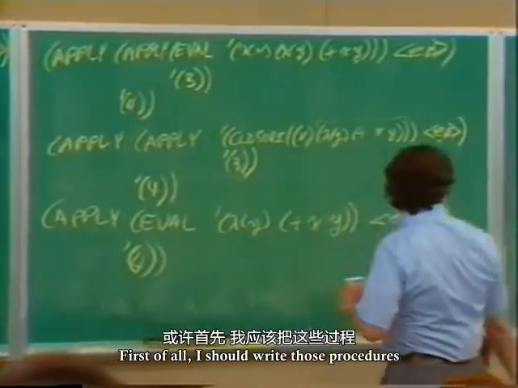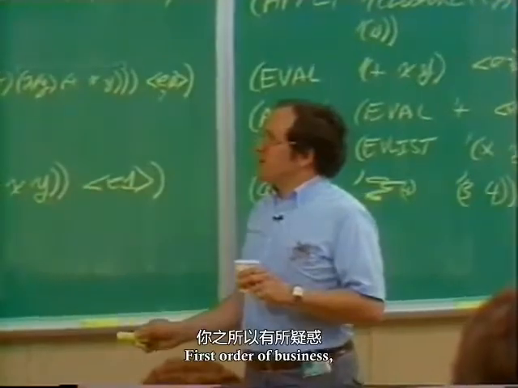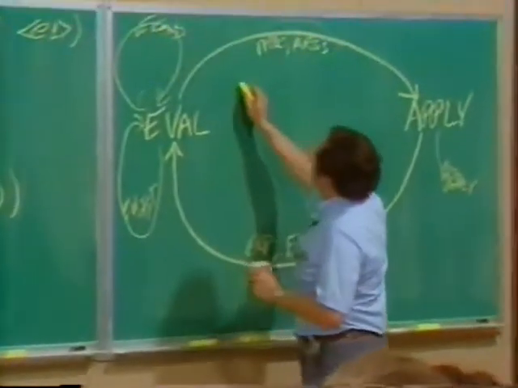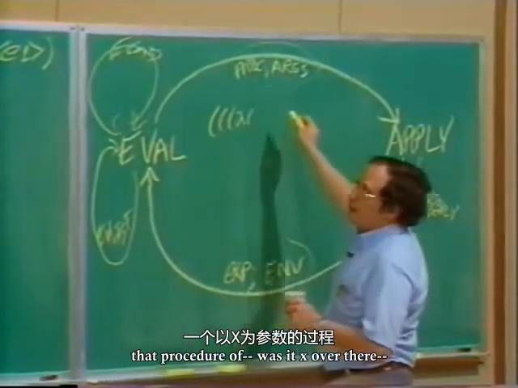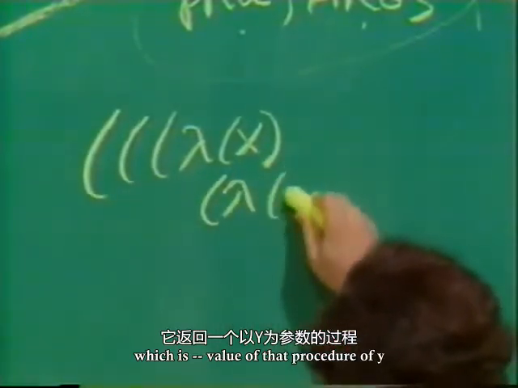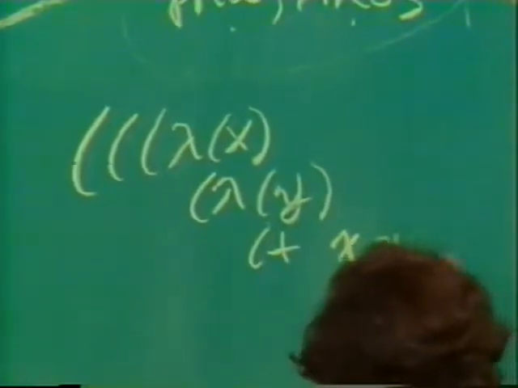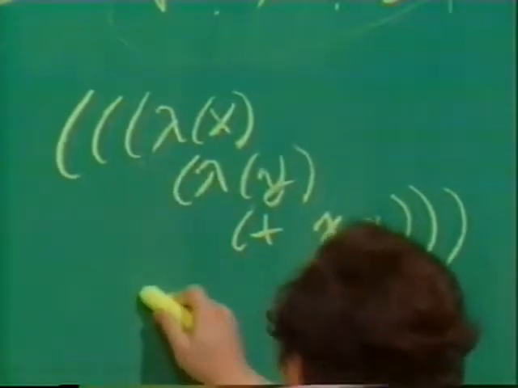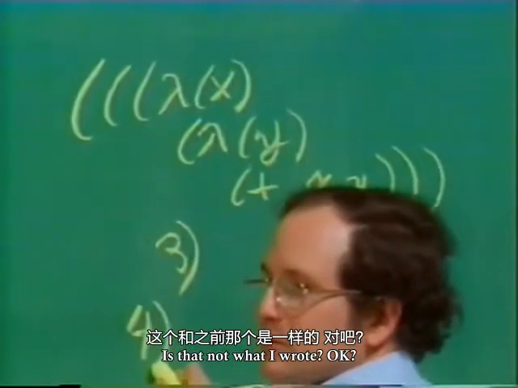Maybe first of all, I should write those procedures again for you, pretty printed. First order of business, because you're probably not reading them well. So I have here that procedure of x, which is, value is that procedure of y, which adds x to y, lambda, lambda, applied that to 3, take the result of that and applied that to 4. Is that not what I wrote?